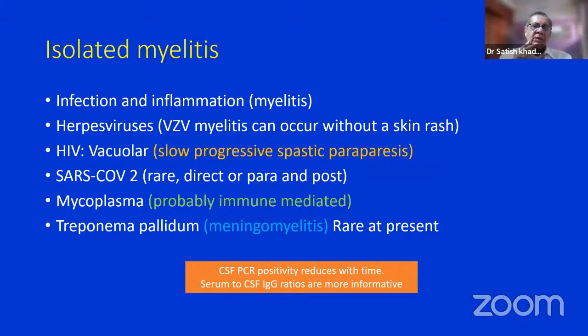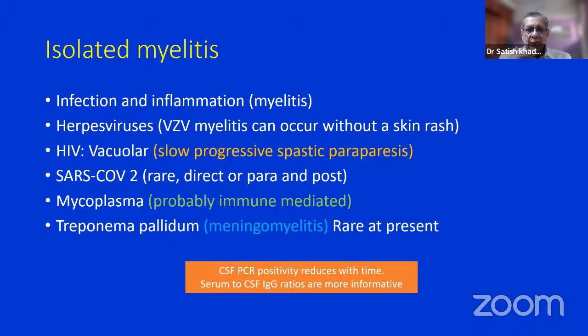Right. So in the approach, when you see a patient with isolated myelitis, you mean direct infection and inflammation together. And you will have herpes viruses of various types. And just to make a note that VZV myelitis can occur without a skin rash, though I have never seen an example of this, because probably our serology is not that strong yet, though it is better now with VZV.